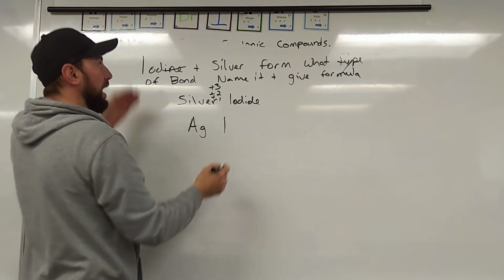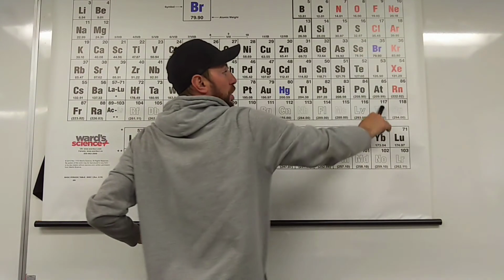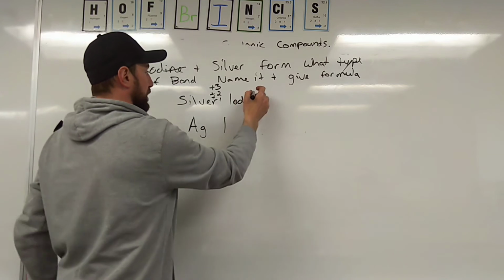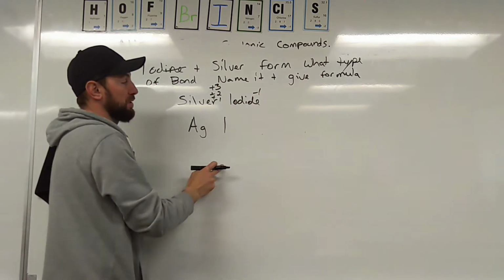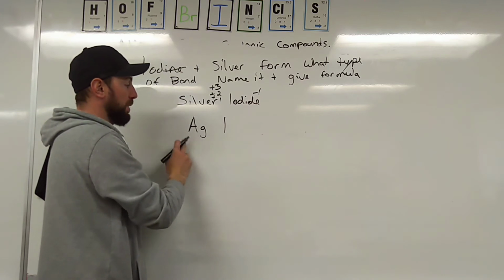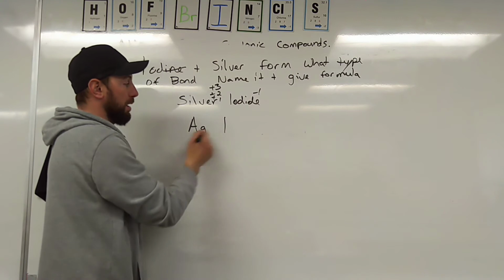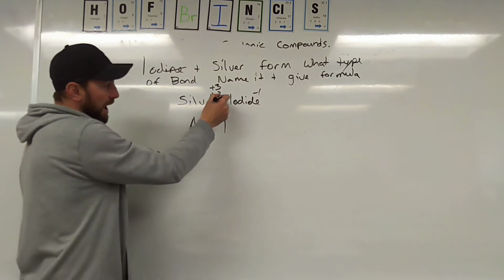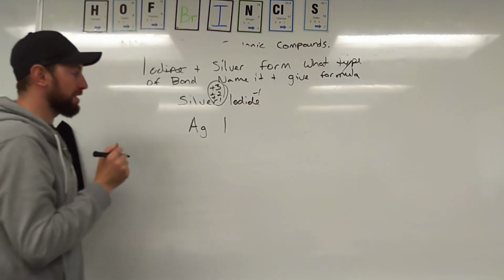So iodine is in row 7, and I know that these are all -1. So if silver is +1 and iodine is -1, this would be Ag1, or I, and that's it.